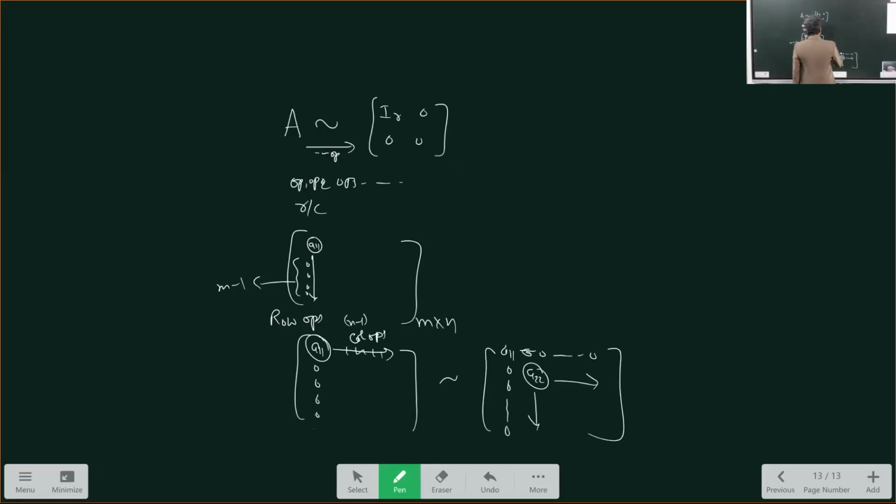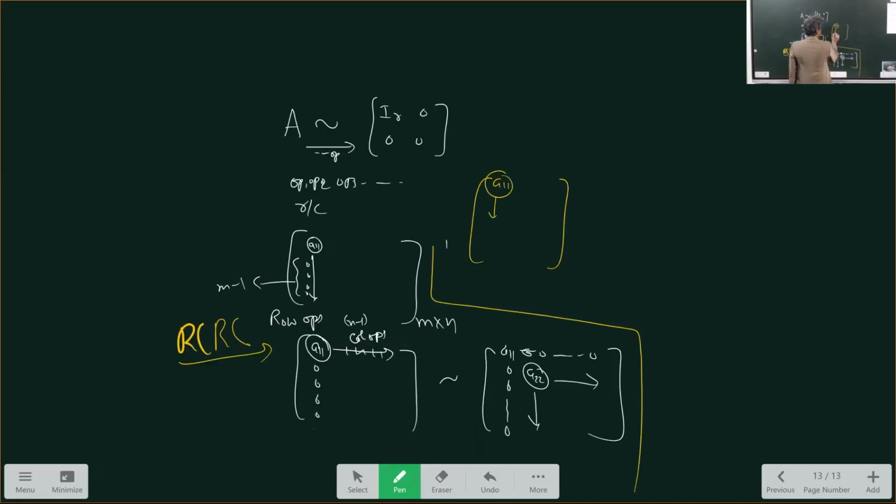This is one way of applying row by column: row, column, row, column, and they proceed. Others will work differently: I use A11 to make the below elements zeros, I use A22 so above and below are zeros, and with A33 I can make above and below zeros. But when a situation comes where extra rows or extra columns are left, then I'll use the column operations.